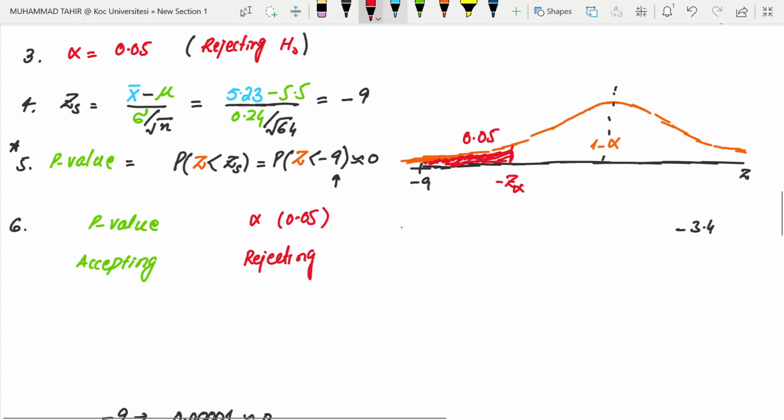Which is the bigger value? Definitely rejecting. So the p-value is smaller than alpha, which means the accepting probability is small. The conclusion here is to reject H0, because the probability of rejecting is greater. So this is the answer.